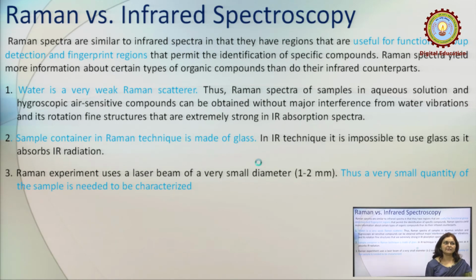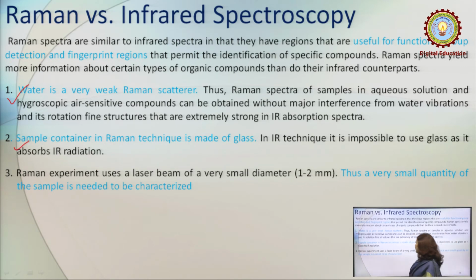Raman spectra yield more important information about certain types of organic compounds than their IR counterparts. First of all, water is a very weak Raman scatterer. Thus, aqueous solution can be easily studied with the help of Raman spectra, while it is not possible with IR because water is a strong IR absorber.